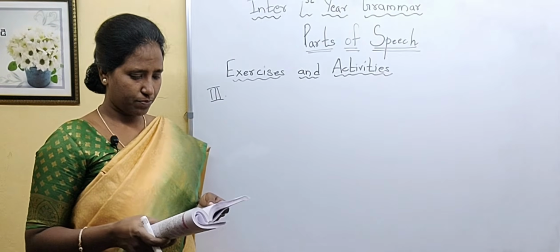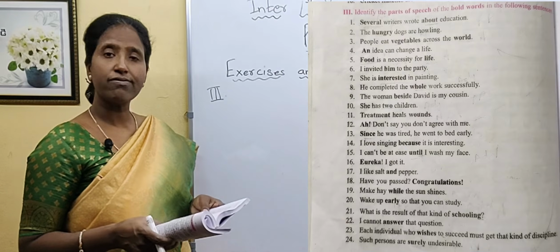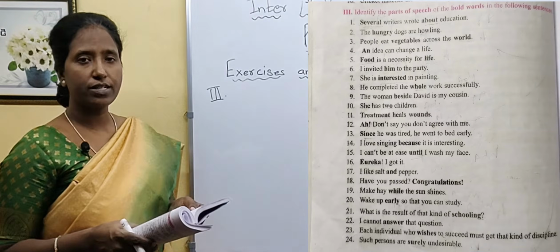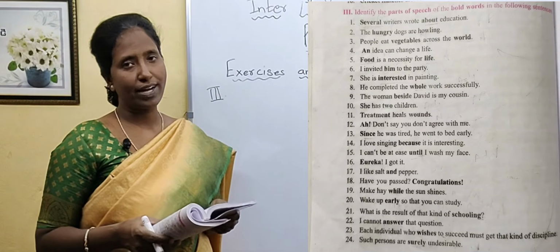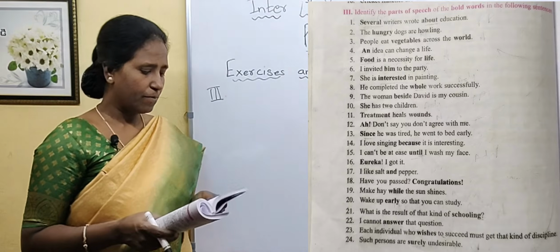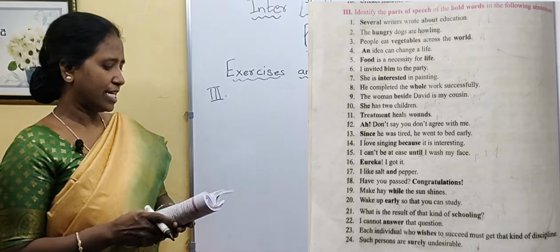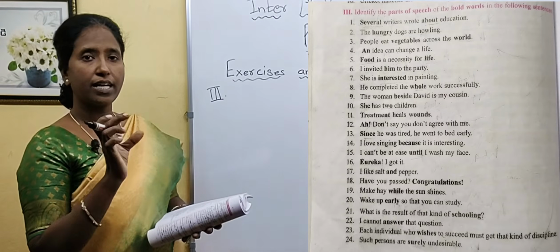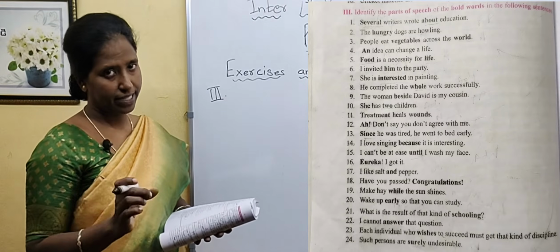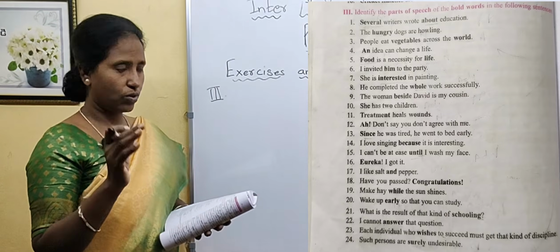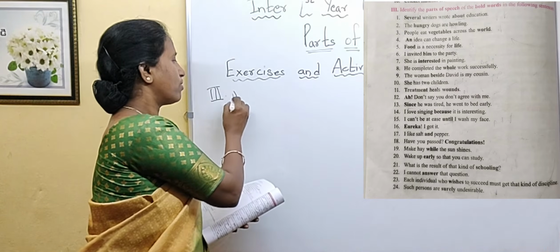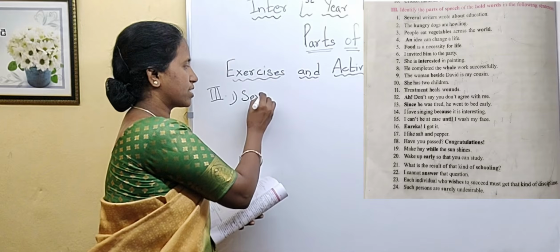Identify the parts of speech of the bold words in the following sentences. The words in bold letters, you have to find their parts of speech. Several writers wrote about education. Immediately after several you have writers. Writers is the noun, and a word immediately followed by a noun is an adjective.